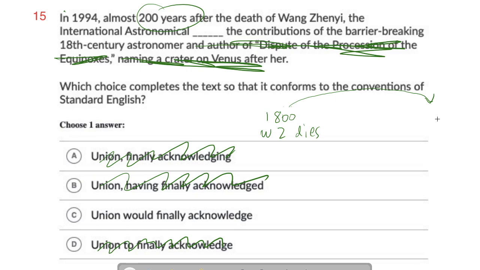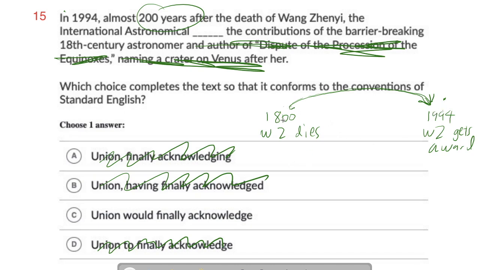Relative to that point in the past, 1994, she gets an award or has a crater named after her. This is in the future relative to this point in the past. So 200 years later, she would be recognized, or they would recognize her.